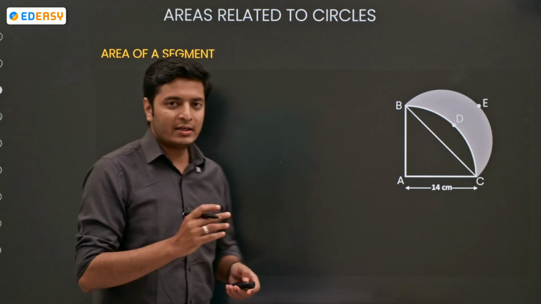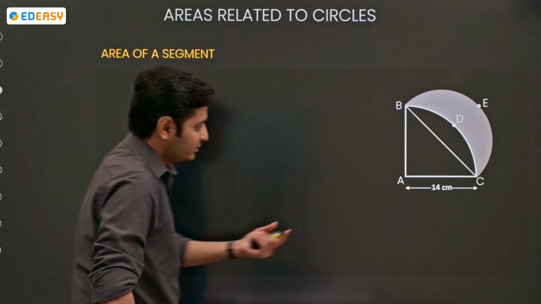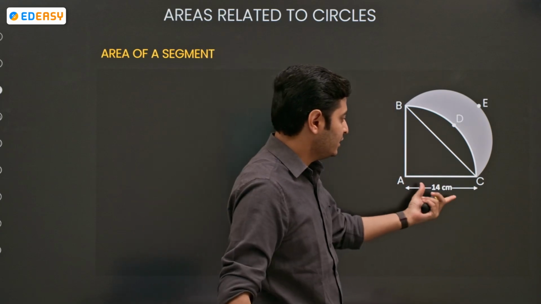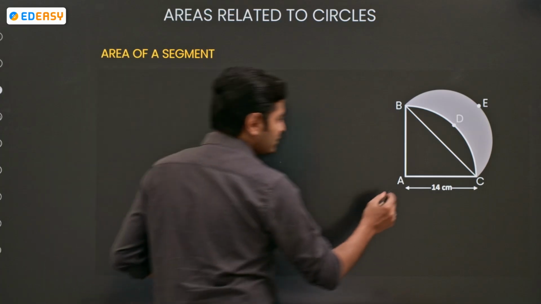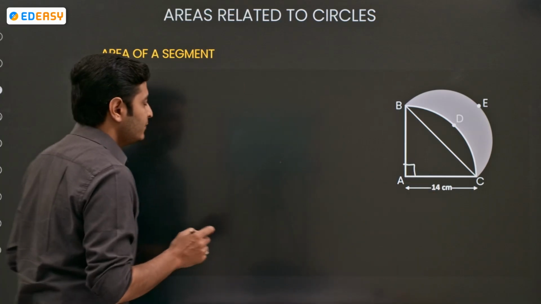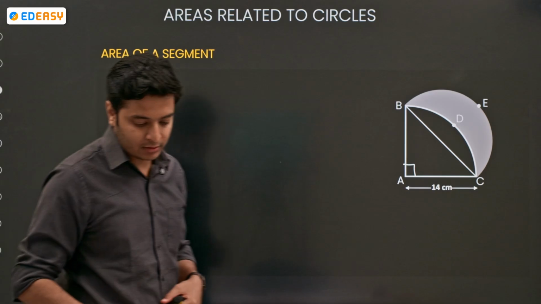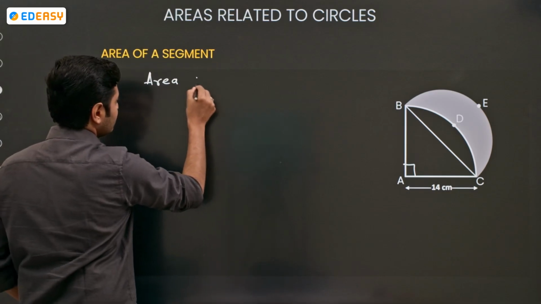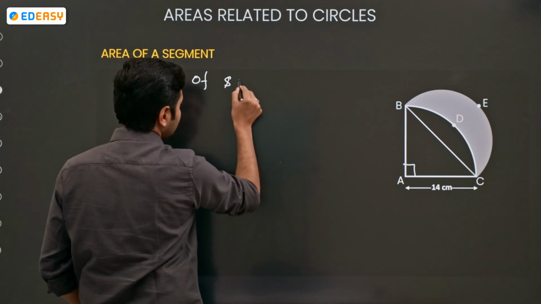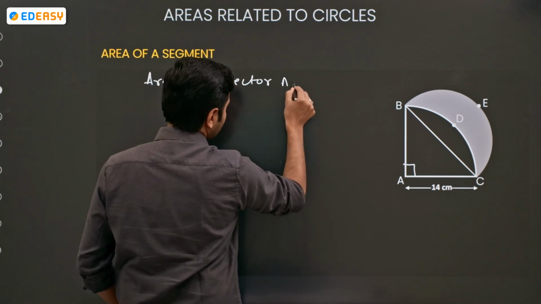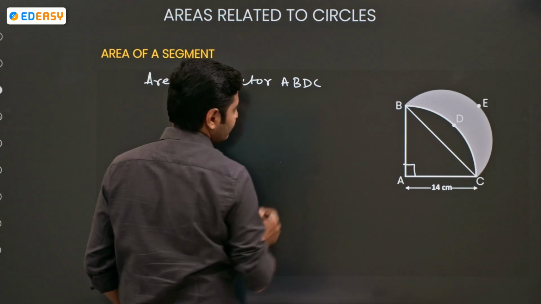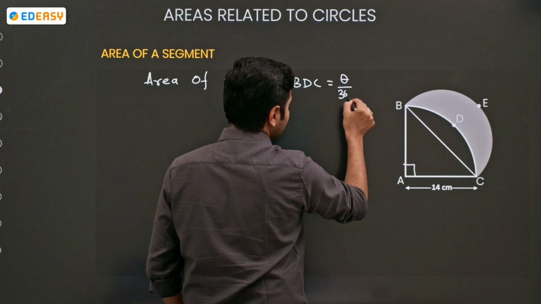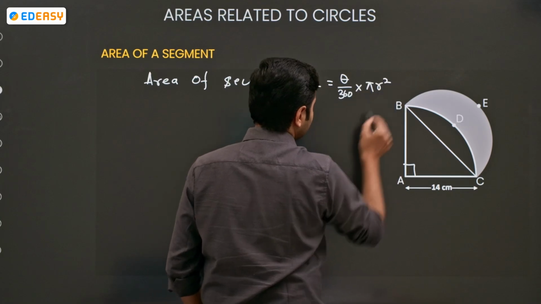So first thing, what is given to us? The radius of this quadrant is given, that is 14. The angle is 90 degrees, correct? So let us find the area of this sector first, this quadrant first. Area of sector ABDC is equal to theta by 360 into pi r square.